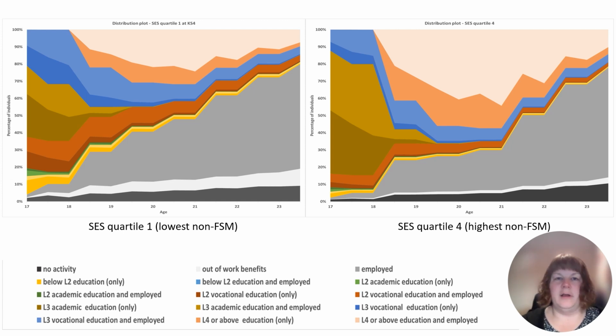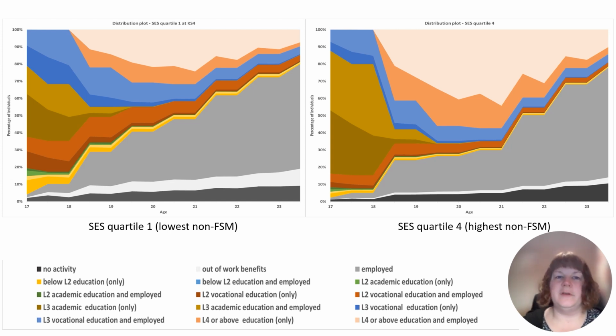The sizable brownish figures in the middle on the left-hand side are people taking academic level 3 qualifications, mostly A-levels. In each case, the darker colours show people who are just doing that qualification, and the lighter shading shows those who are doing that qualification but also working alongside it.